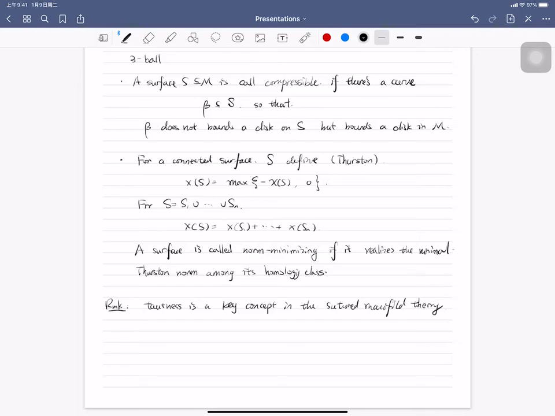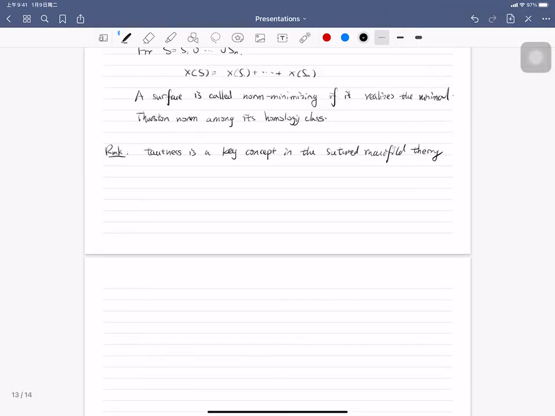Okay. All right. So yeah, there is another very important concept. It's called the suture manifold decomposition.